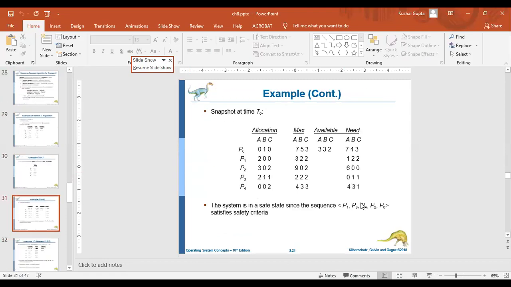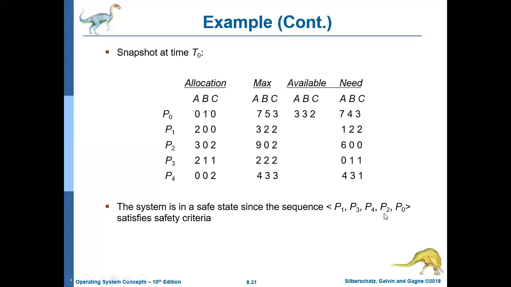Here P2 is first, then we have executed P0. So order doesn't matter. You have to check whether there is a safe sequence or not. If there is a safe sequence, you can say in this situation there will be no deadlock.